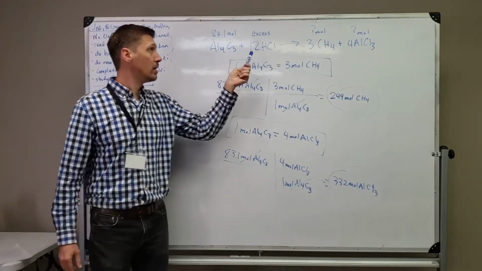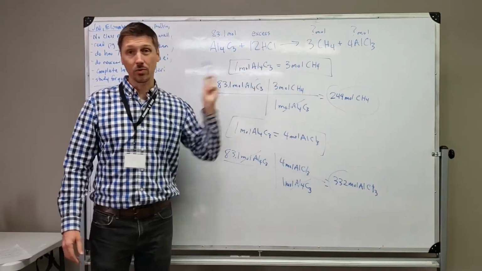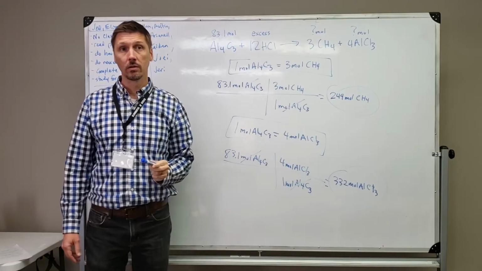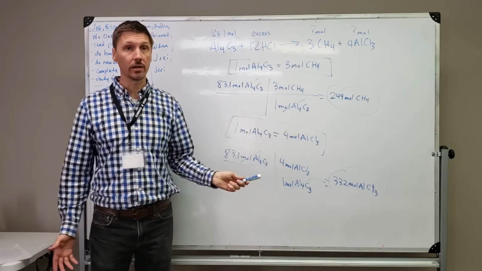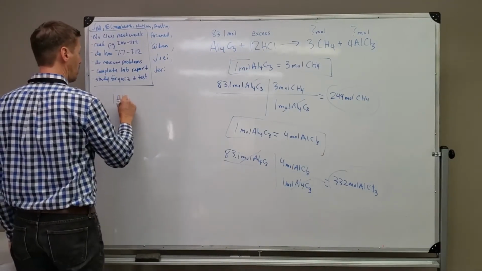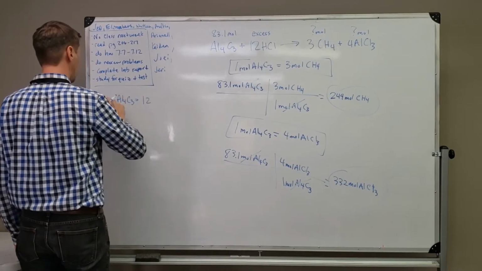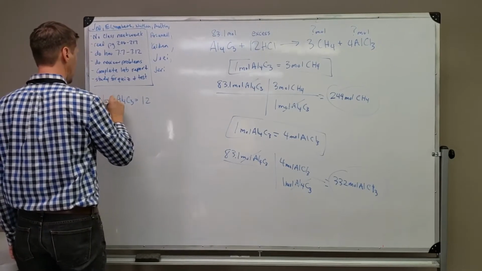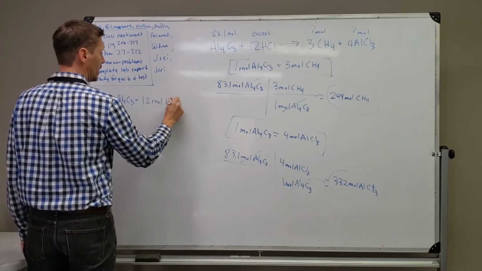But tell me this, can you tell me how much of the HCl was used up for this reaction to take place? We can figure that out as well, right? It's the same thing that we've already done, except this time we need the relationship between Al4C3 and HCl, right? So for every 1 mole of Al4C3, we need 12 moles of HCl.